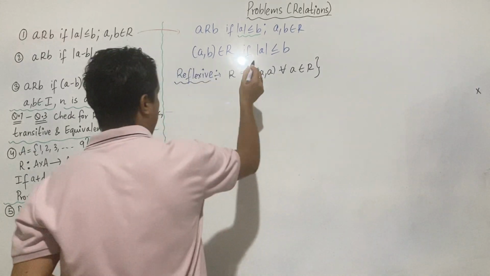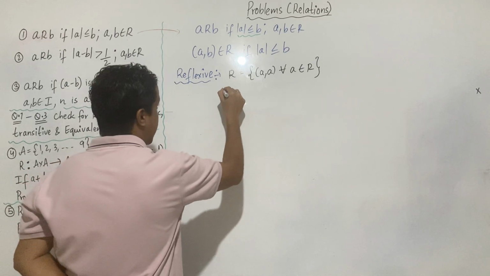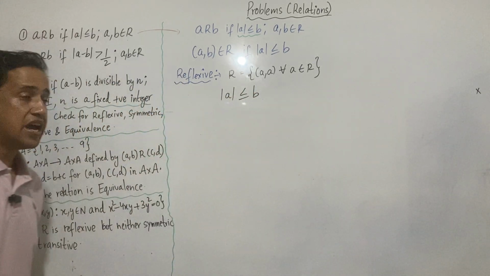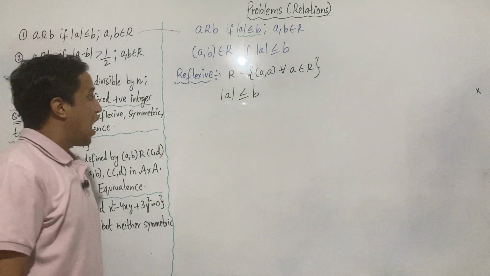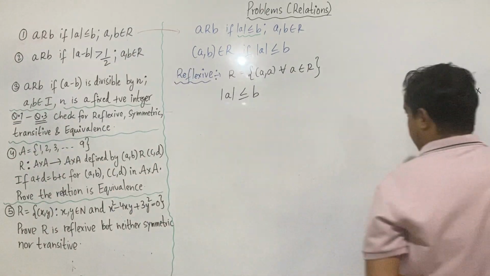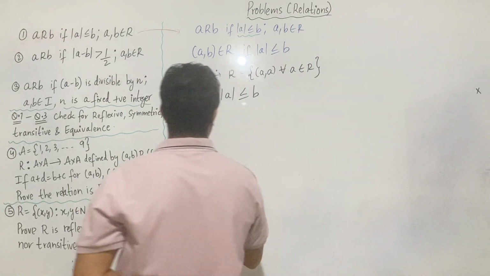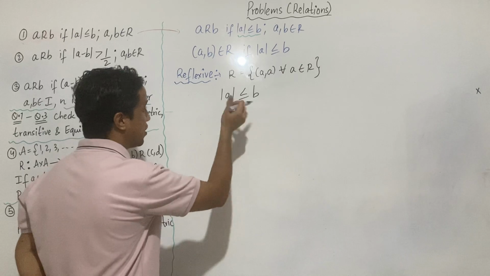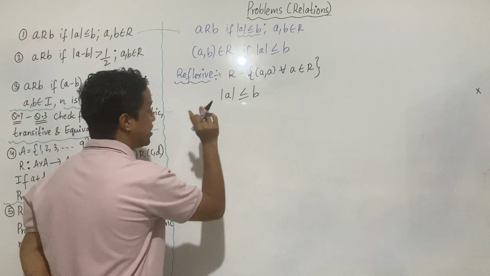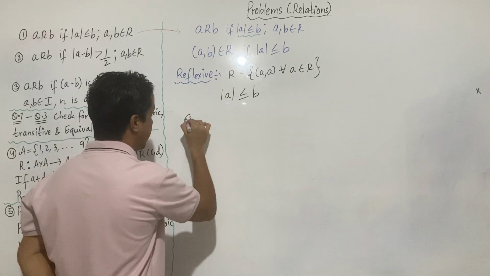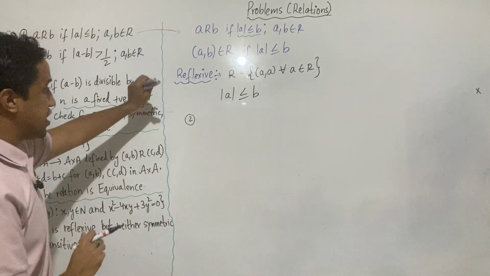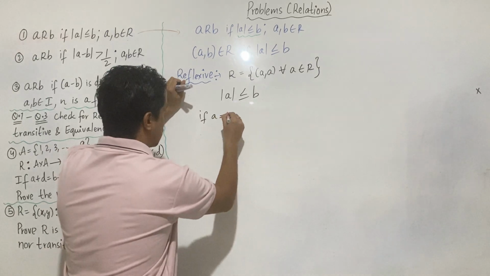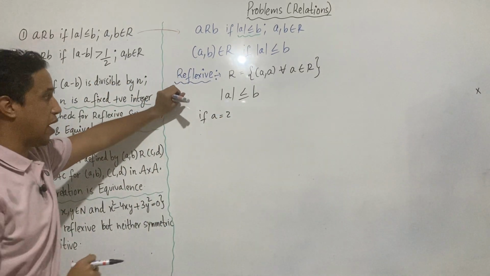Now see here, if I say a is less than b, right? Let's say that here I take the value of a as 2.